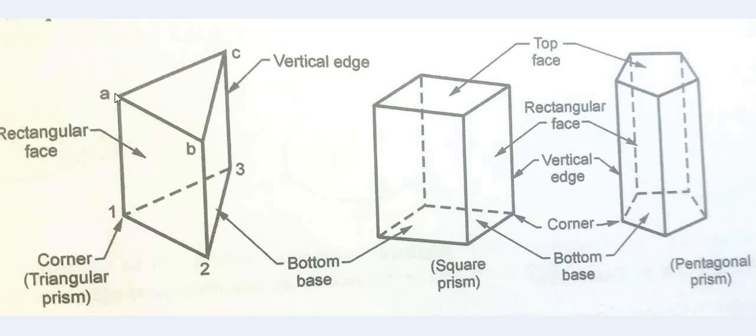Now, how to locate it? We have to locate first the center point or midpoint of upper base, the center point of lower base, and the line joining these two points which runs through the middle of this object is known as axis of the prism. So every prism will be having its axis. It is imaginary, it does not exist in the form of an edge, but for the sake of projection it will be very important.